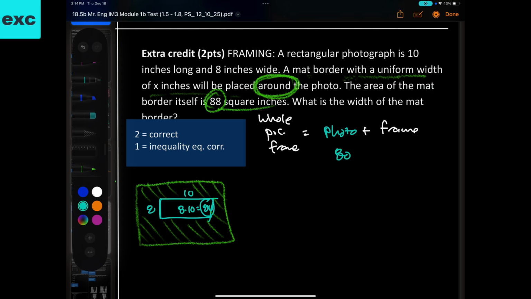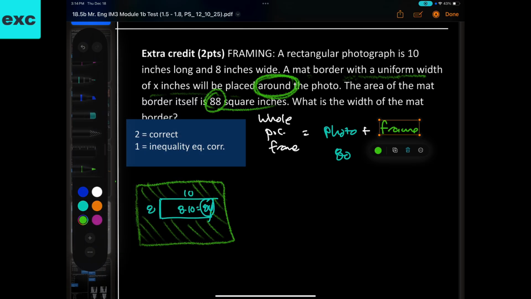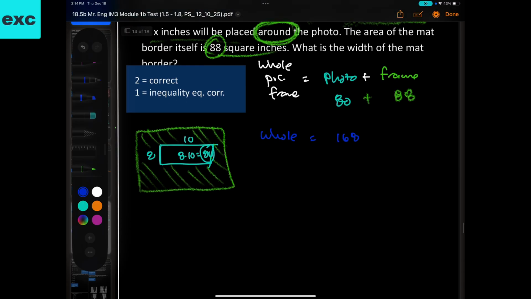And then the frame is the green portion. Okay, so the frame is 88. So the whole picture, the whole is 168.